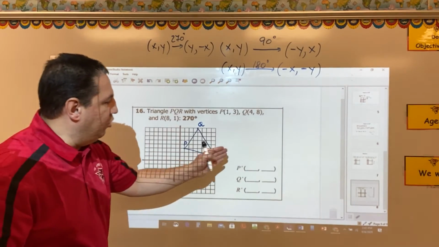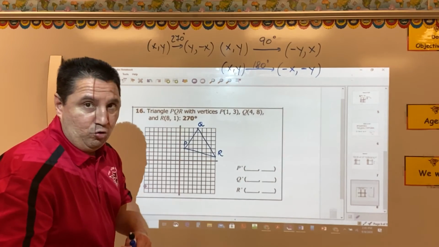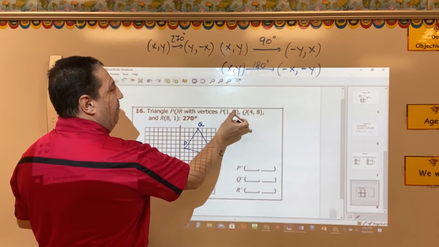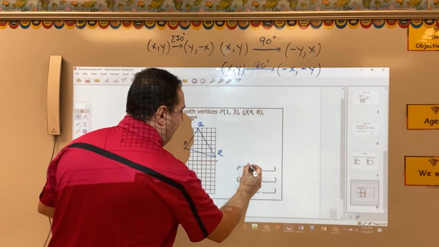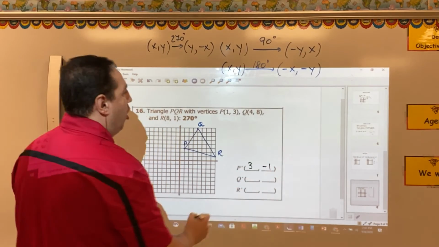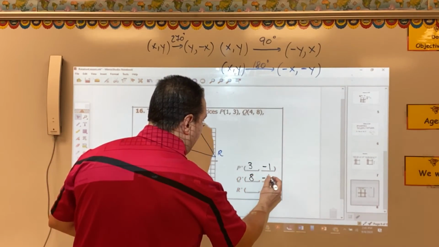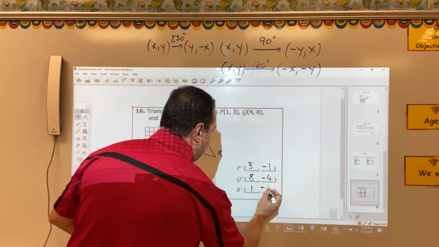Now let's find the new coordinates. Remember how you get the new coordinates? By switching the place of the coordinates and changing the sign of x. So you're going to have 3 and negative 1. Then 8 and negative 4. And then 1 and negative 8.